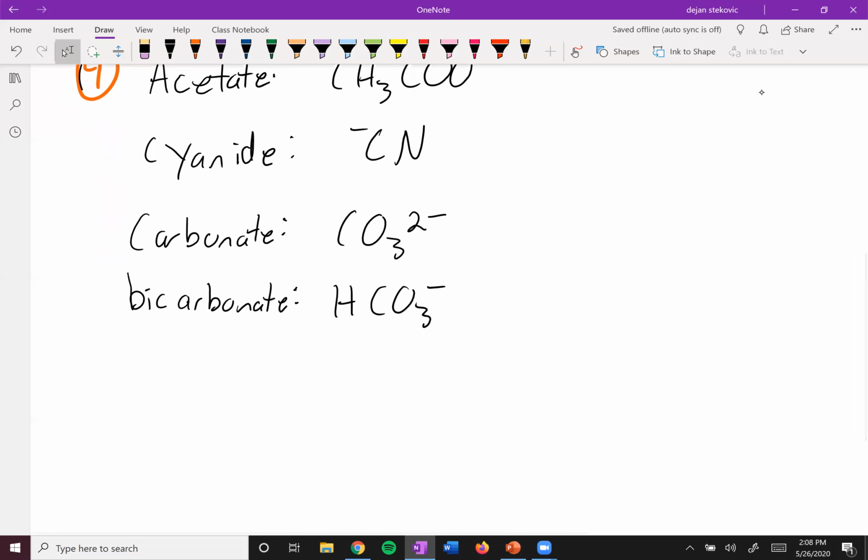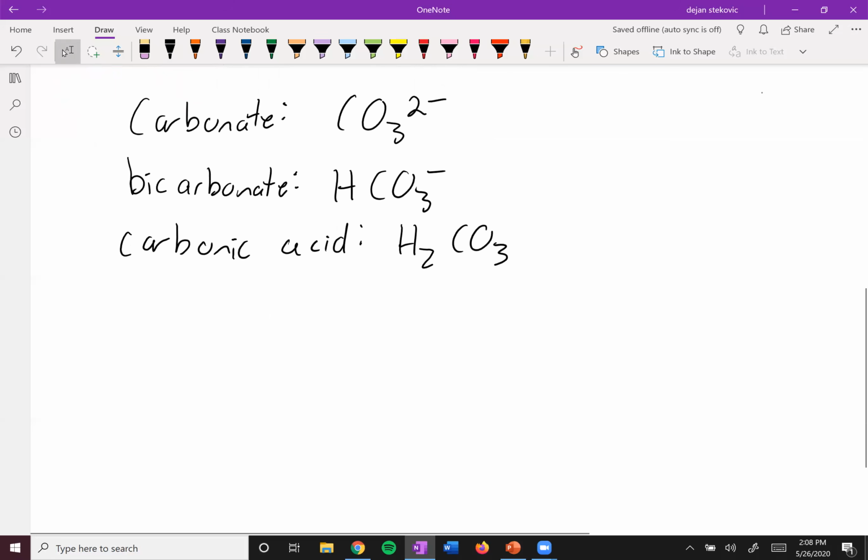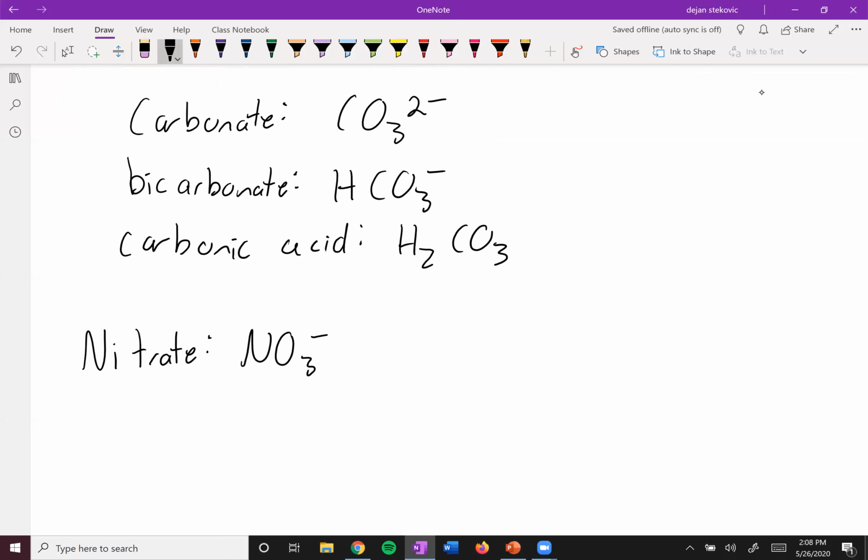And then after that, we have carbonic acid, which is like bicarbonate with just another H plus. So overall, it's H2CO3 with no charge. After that, we have nitrate, which is NO3 minus. And then we have nitrite, which is NO2 minus.